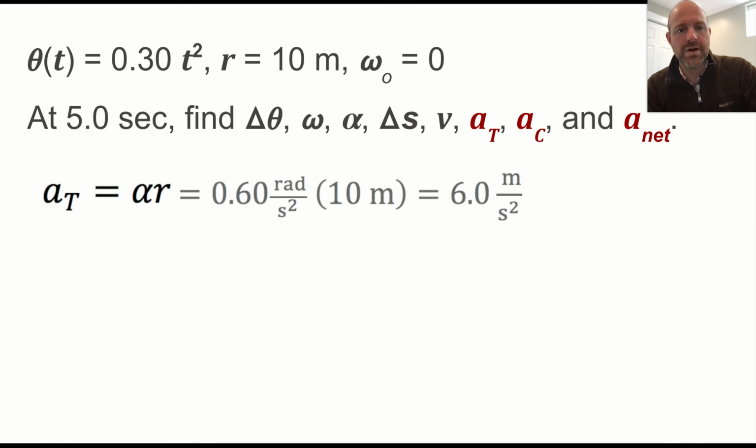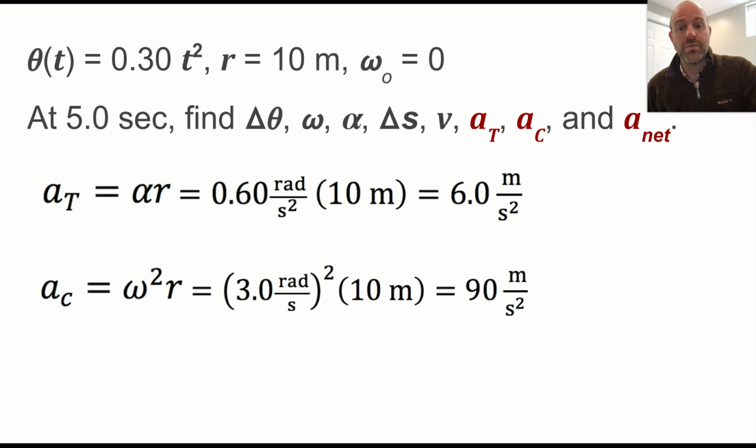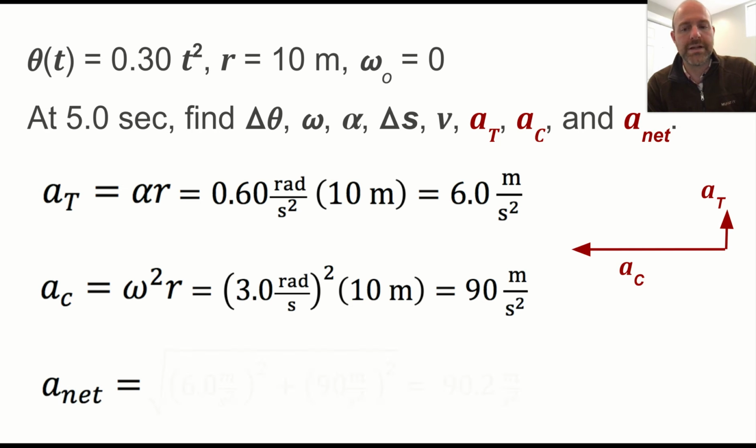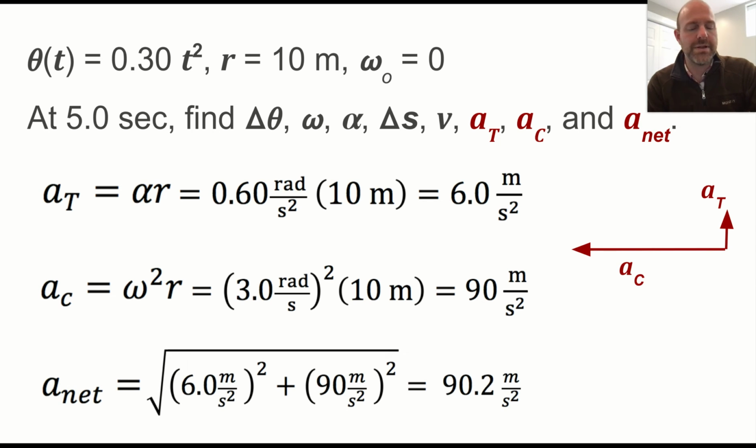That's alpha times r, so we get 6 meters per second squared tangentially. That's how fast it's speeding up in a line. Centripetal acceleration, or radial acceleration, is 90 meters per second squared. We can put those together. Centripetal is into the circle, tangent is tangent to the circle. They're perpendicular to each other, so we can just use the Pythagorean theorem to get 90.2 meters per second squared, angled that way.